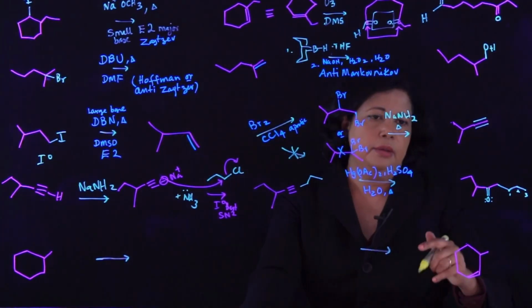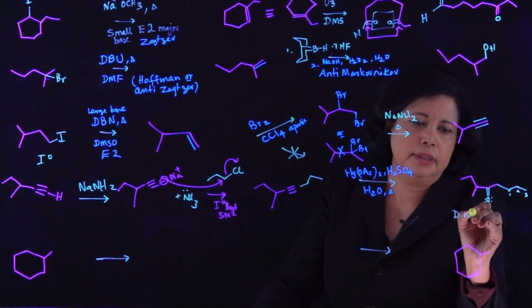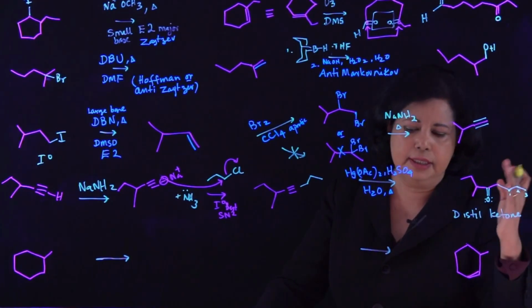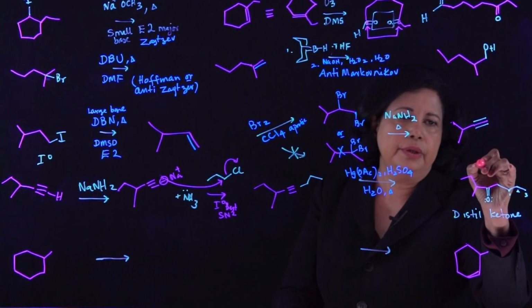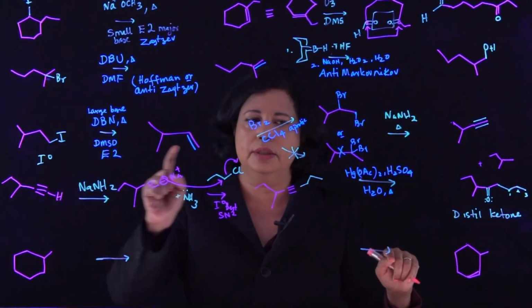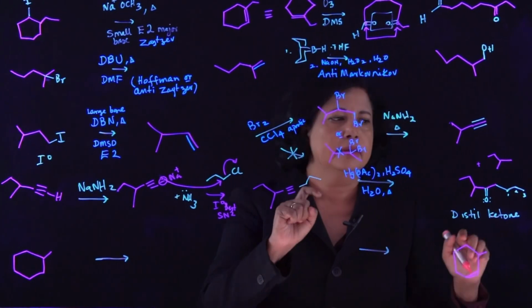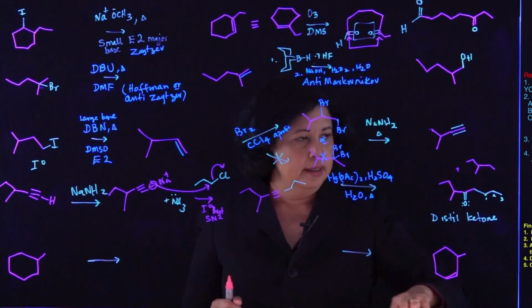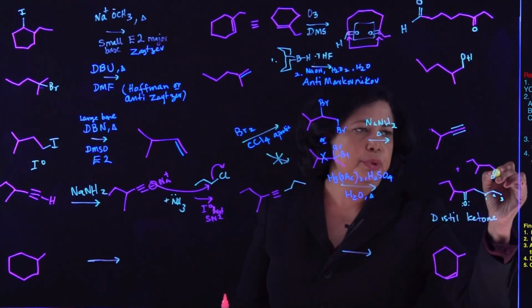And then you could say, well, distill ketones. It's understood that you're going to get this, plus you're going to get the ketone where you have the hydrolysis on this carbon. And you won't really see much of a difference in the percentage distribution.